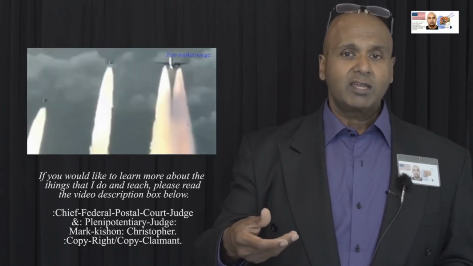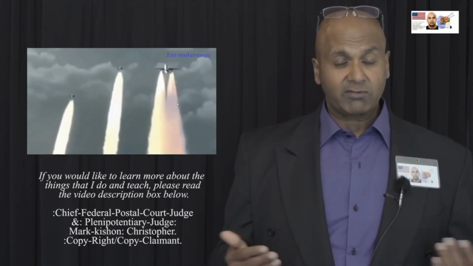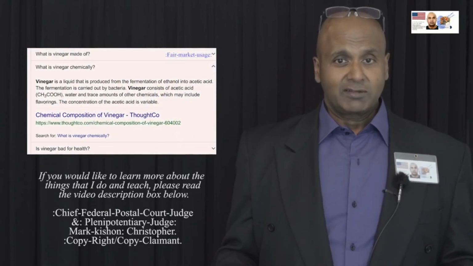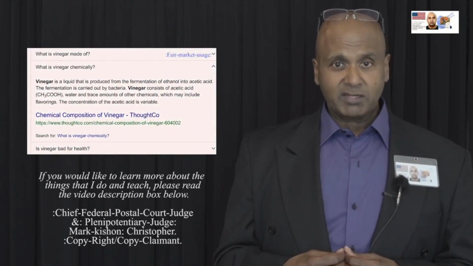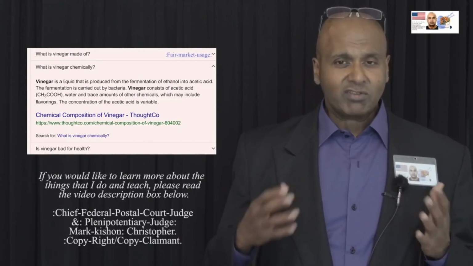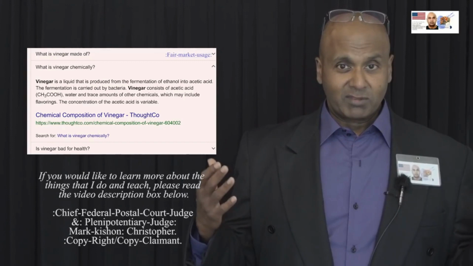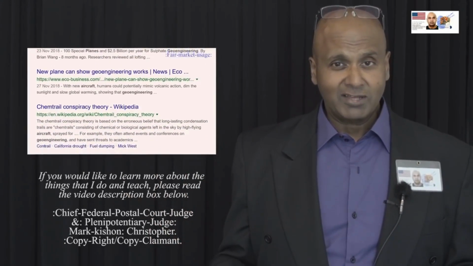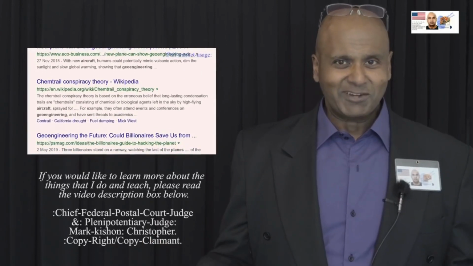So what are the switch off mechanisms to get rid of chemtrails? Well, one of them is common vinegar. Vinegar will disperse chemtrails, and it really is that potent. Just think about it. That much of chemicals, that much of heavy metals floating in your skies, and you can't get rid of it?